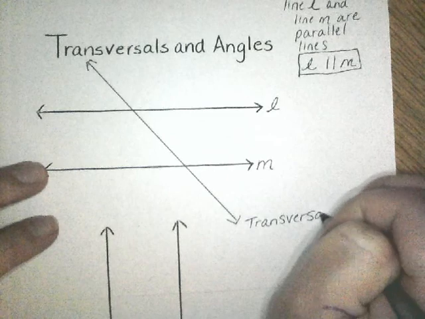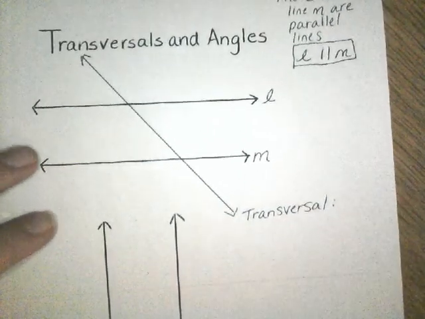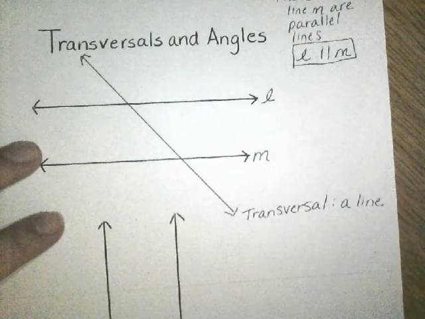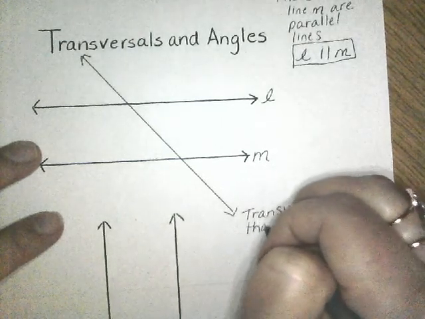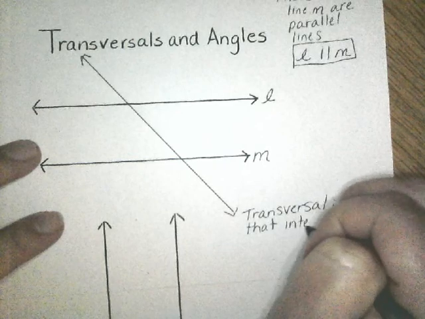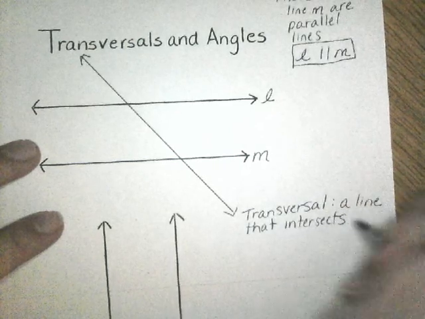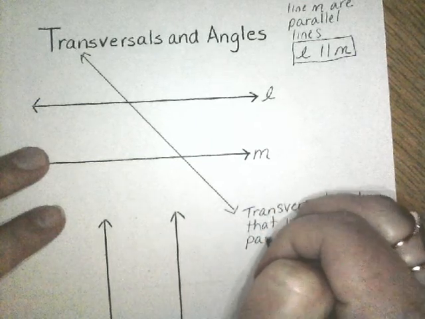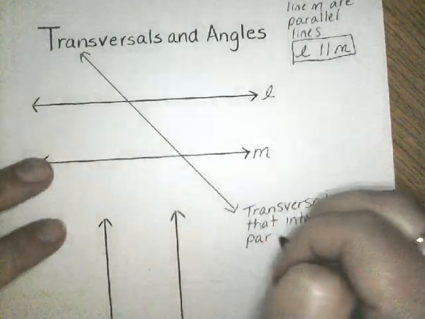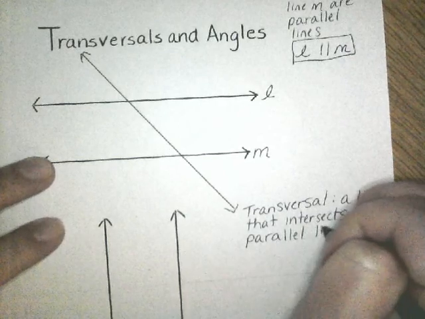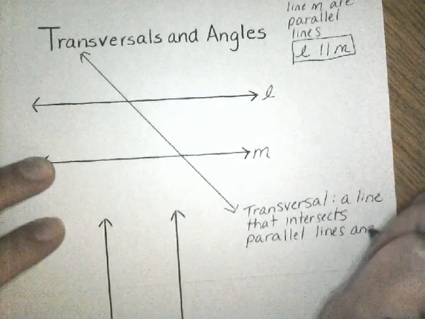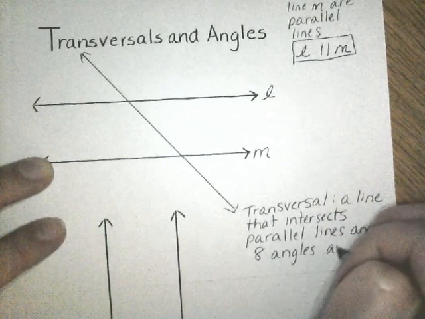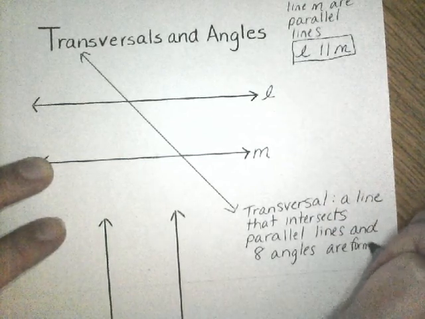The definition of a transversal: a line that intersects parallel lines and 8 angles are formed. So this right here is our transversal.